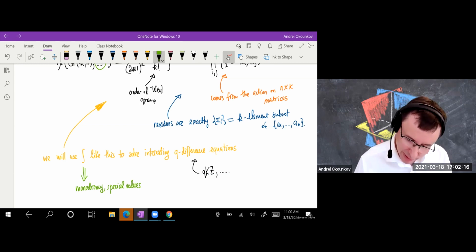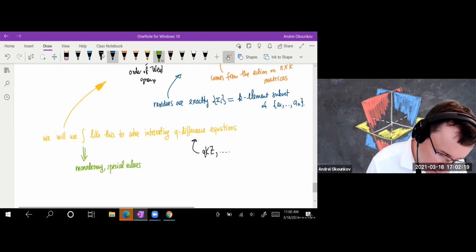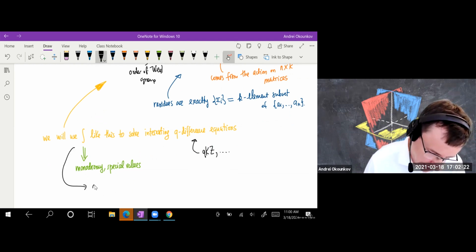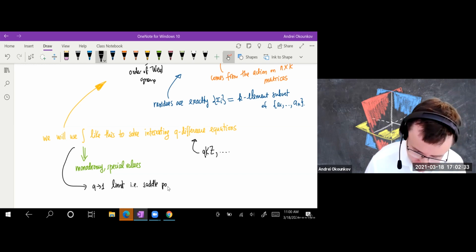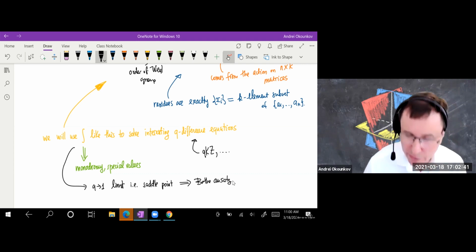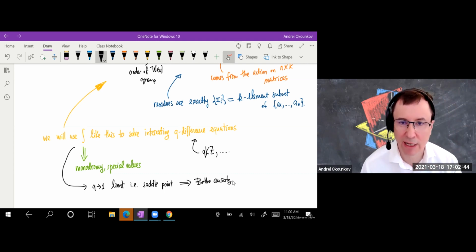In particular, if you take the Q to 1 limit, this gives some kind of saddle point. That gives all this kind of Bethe ansatz. Because if you have a solution of a Q difference equation by something explicit, then in particular the Q to 1 asymptotics will give you the eigenvectors and the eigenvalues of the things you're solving.